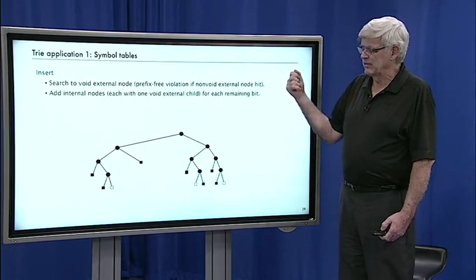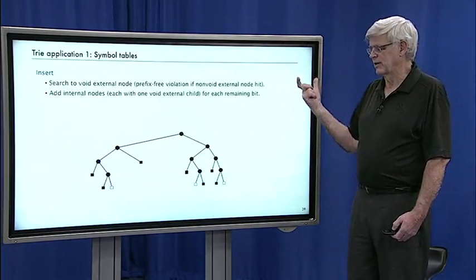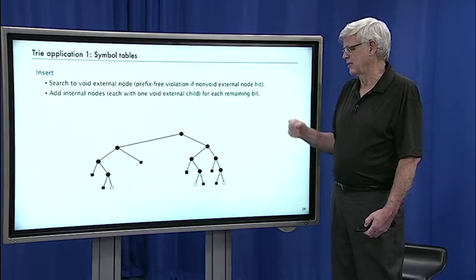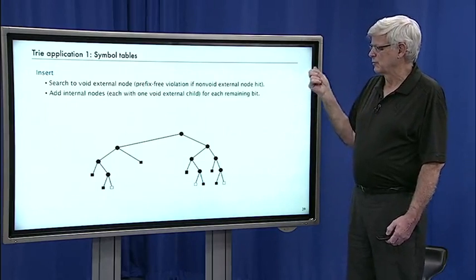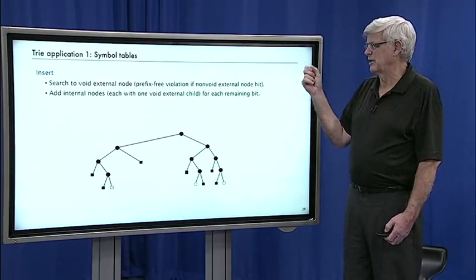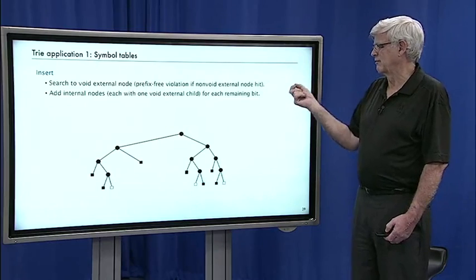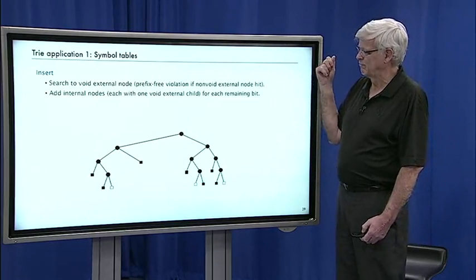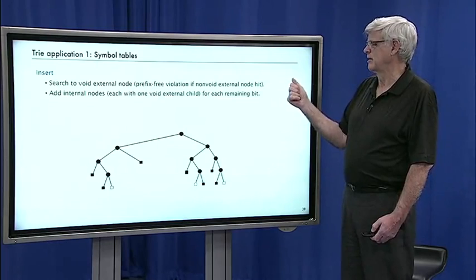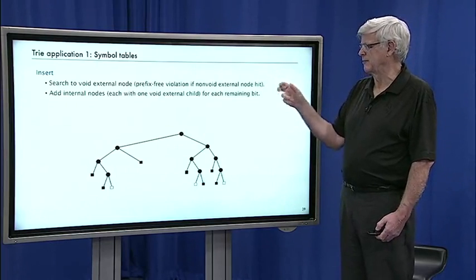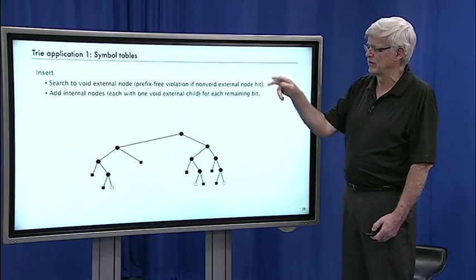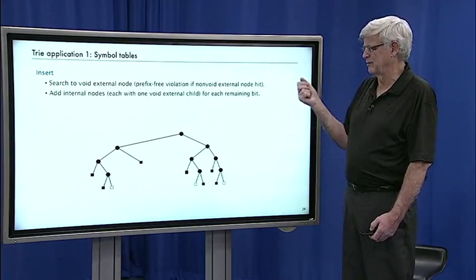Now, what about inserting new keys or a new bit string into the set represented by the trie? Well, we'll insert by searching until we get to a void external node. If we wind up at an internal node or non-void external node, that means we have a prefix-free violation, and we can deal with that in some way.